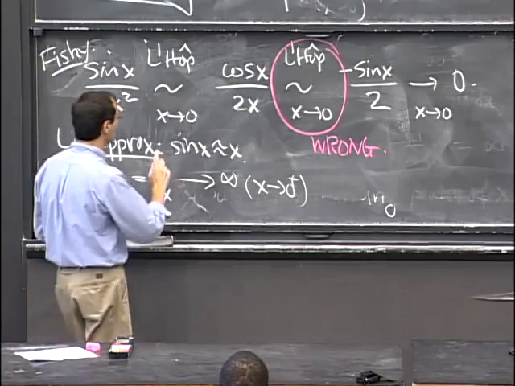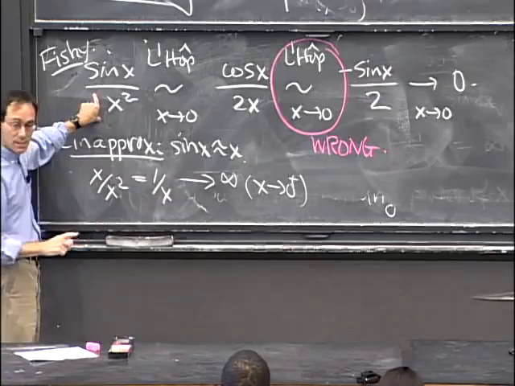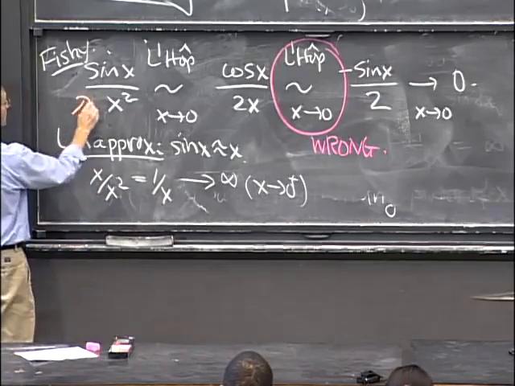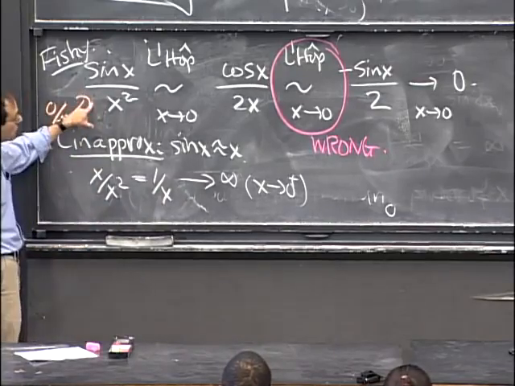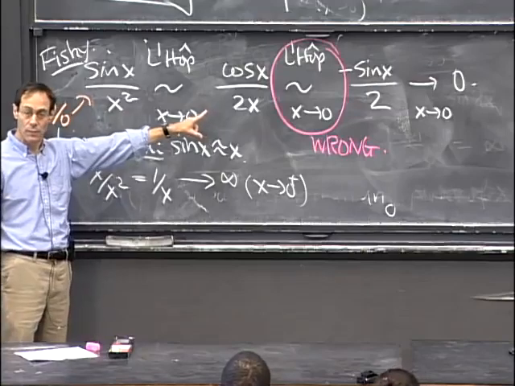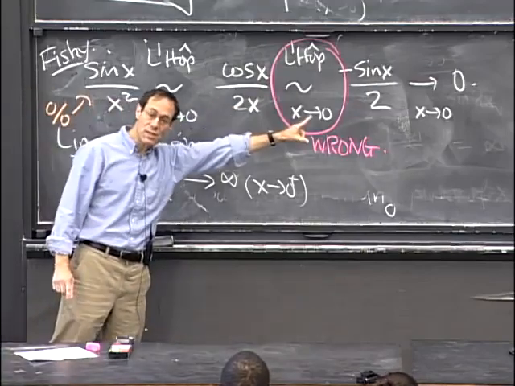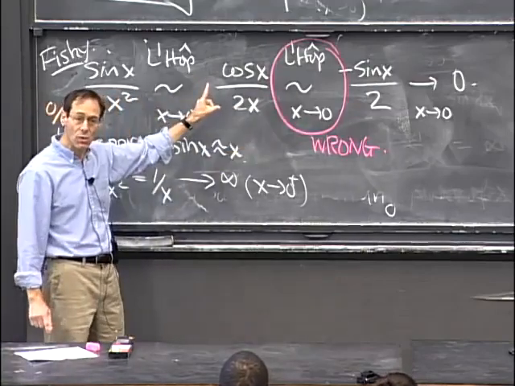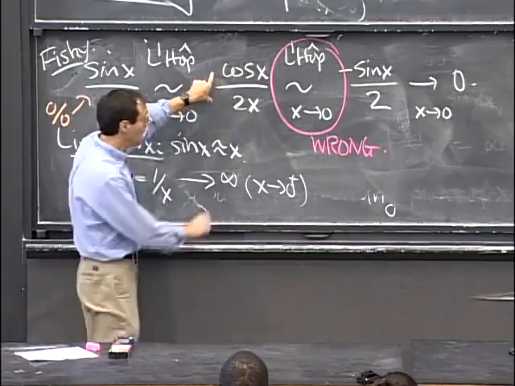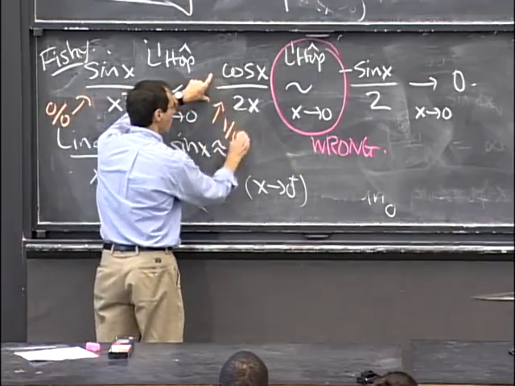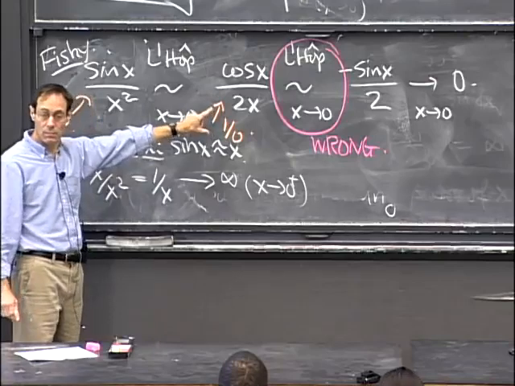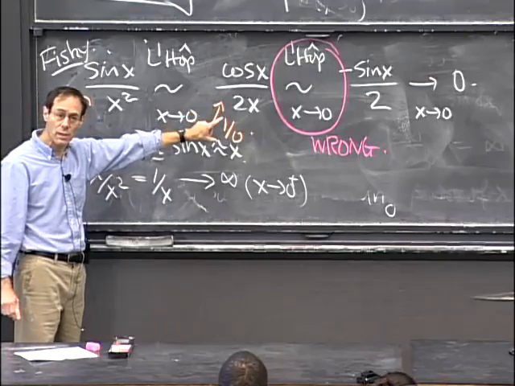And this is where you have to watch out with L'Hopital's rule. This is exactly where you have to watch out. You have to apply the test. Here, it's an indeterminate form. It's 0 over 0 before I applied the rule. But in order to apply the rule the second time, it still has to be 0 over 0. But this one isn't. This one is 1 over 0. It's no longer an indeterminate form.